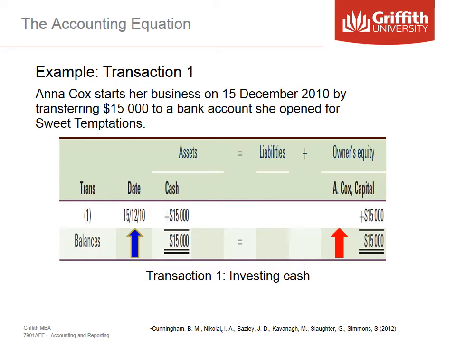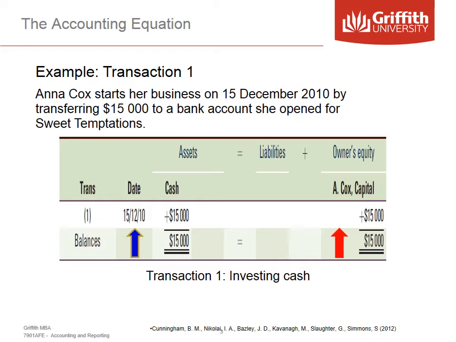Now that's our basic rule. The accounting equation, see that equal sign at the top of the green bit there? The accounting equation must always be in balance. If it's not, we've done something wrong. It's that simple. So Anna puts her money in, and it's $15,000, and that's registered as coming from Anna Cox.